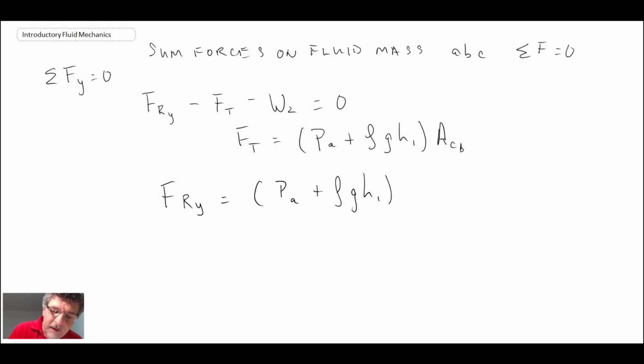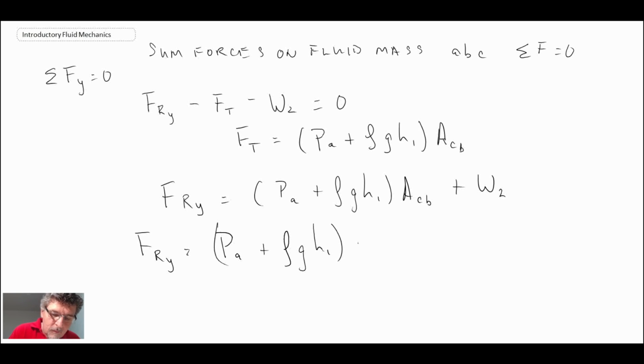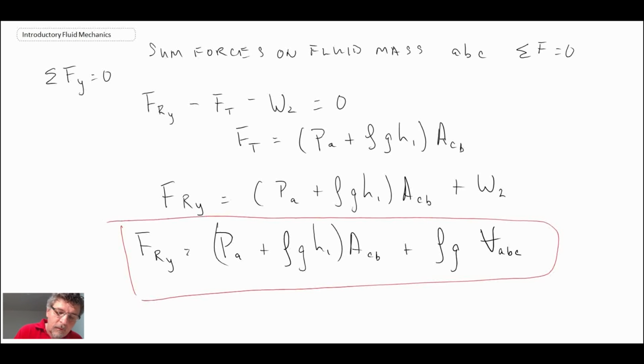So this is the hydrostatic pressure at the top of that surface CB multiplied by the area, plus the weight of the fluid element itself, which is in the curved surface. That gives us FRY. So that is the force in the y direction.